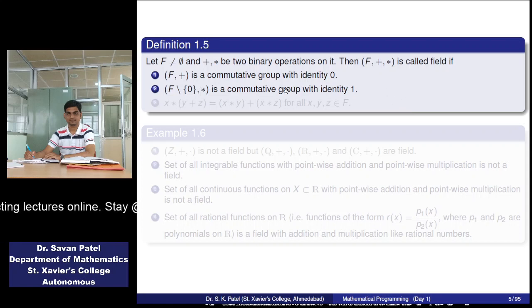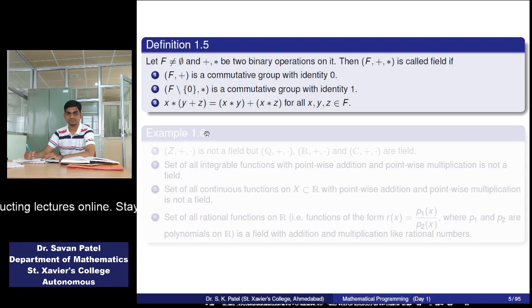Now, removing the identity with respect to the first operation, if this F minus 0 is a commutative group with the second binary operation, with the identity 1, then we go for the third property, that this star operation should be distributive over this plus operation.